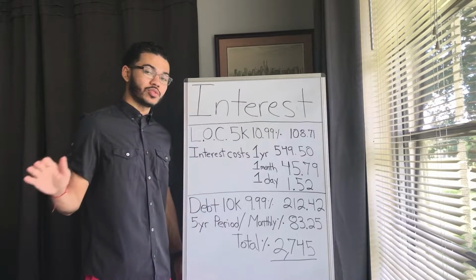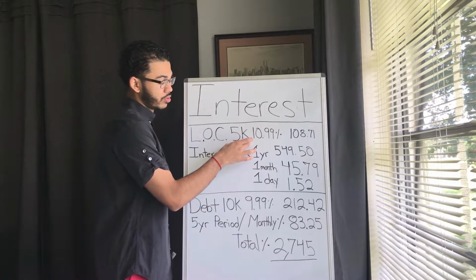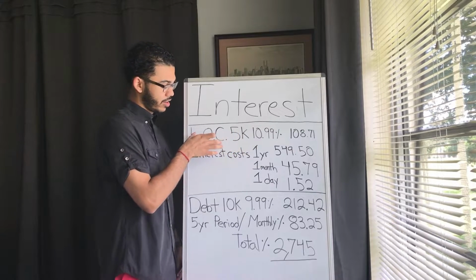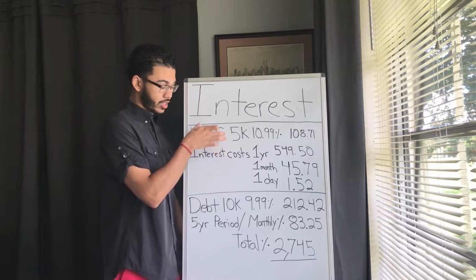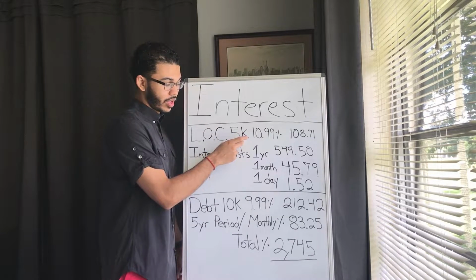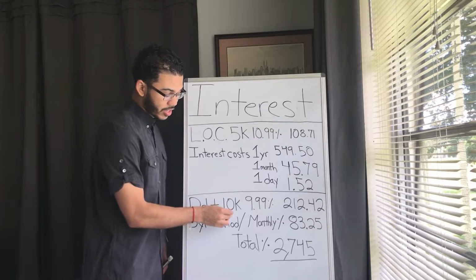Now the fastest way, right, would be to obviously apply the velocity banking method, where we're going to get this tool right here, this line of credit for $5,000, and we would make a chunk payment, okay, on the 10.